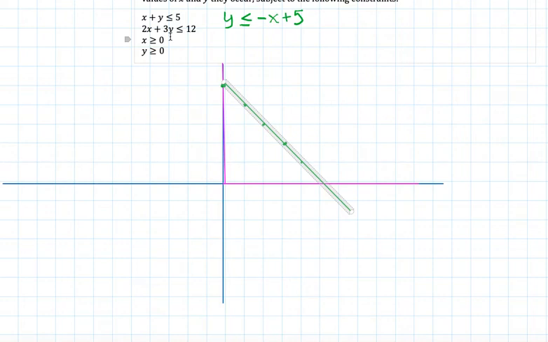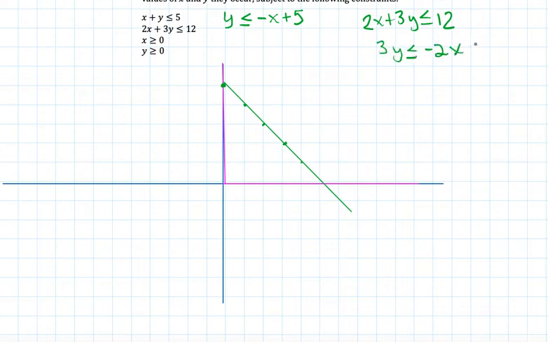And then with the 2x plus 3y is less than or equal to 12, I'll do that over here. I'll subtract my 2x and divide by 3. Okay. So this is going to be a plus 4, and then down 2 to the right 3.